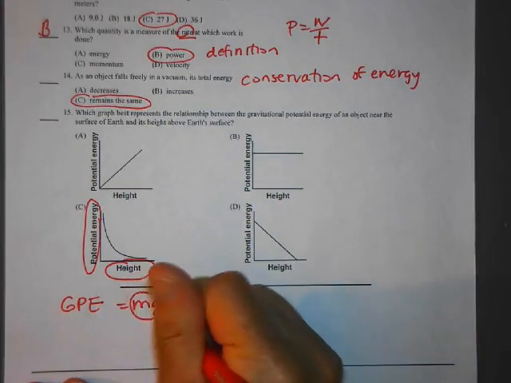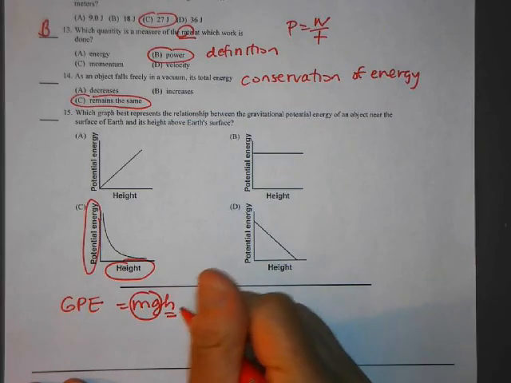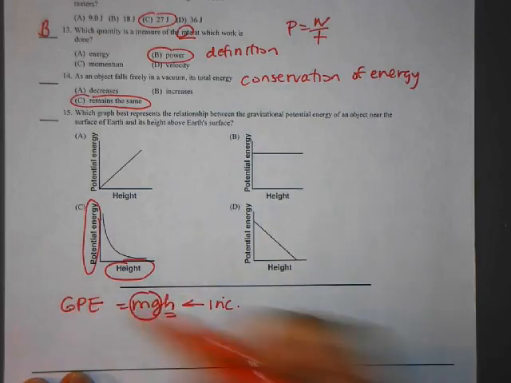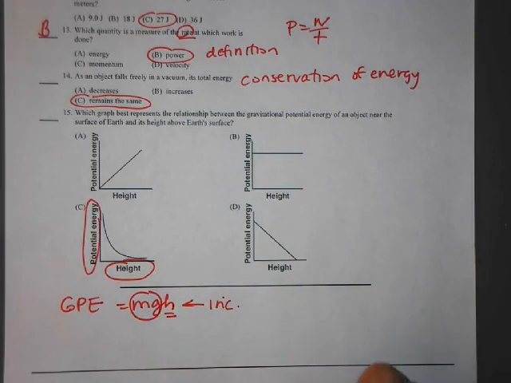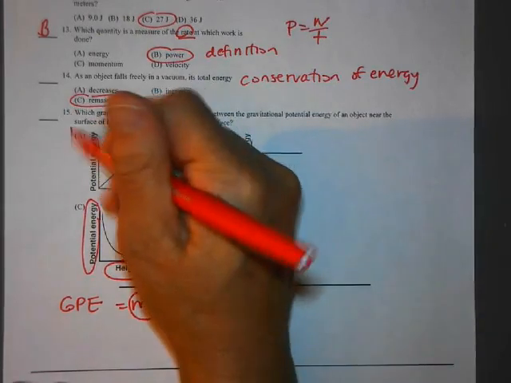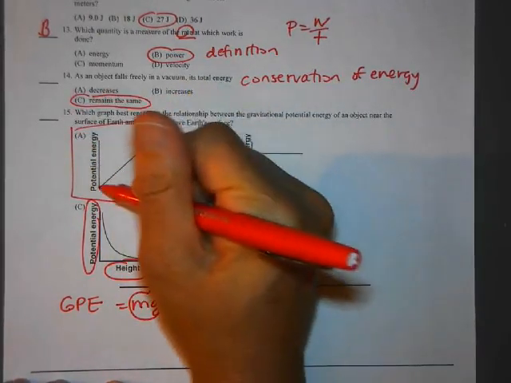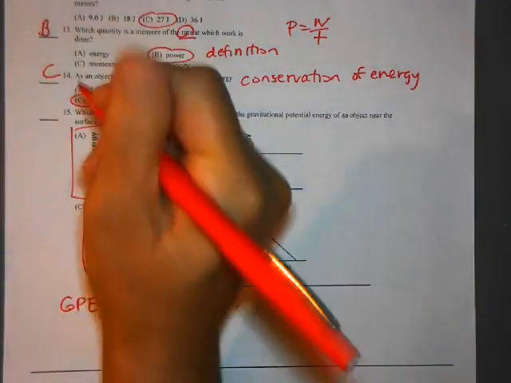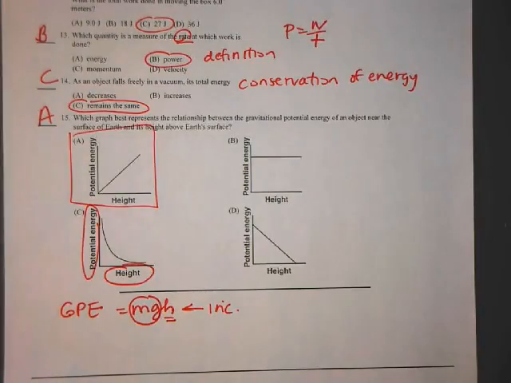This is gravity, that's constant. So as h gets bigger, what's happening to that? That's also going to increase, and they're directly proportional. So directly proportional is a straight line like this. So as the height increases, the potential energy increases at the same rate. So the answer to number 15 is going to be A. And that's it.